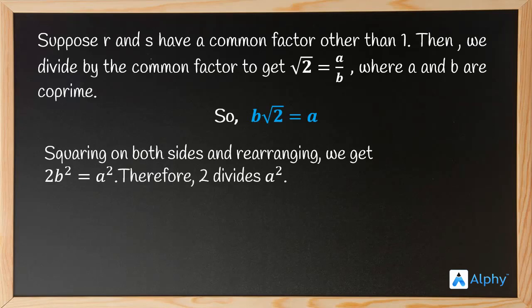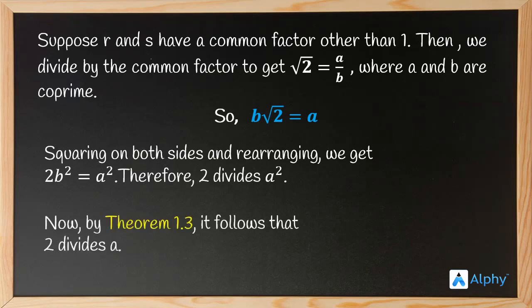So now when we square the equation b root 2 is equal to a, we get 2b square is equal to a square. Now from this equation we can infer that 2 divides a square. Now by theorem number 1.3 it follows that 2 divides a. So let me just show you what theorem number 1.3 said.